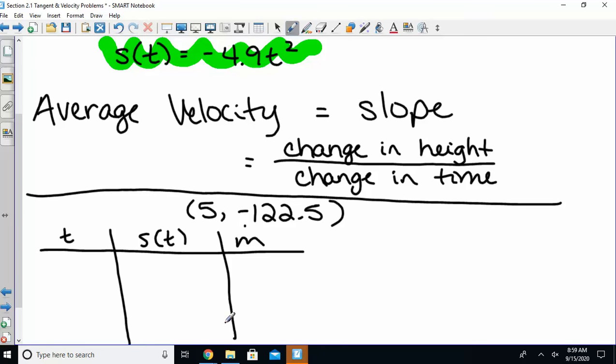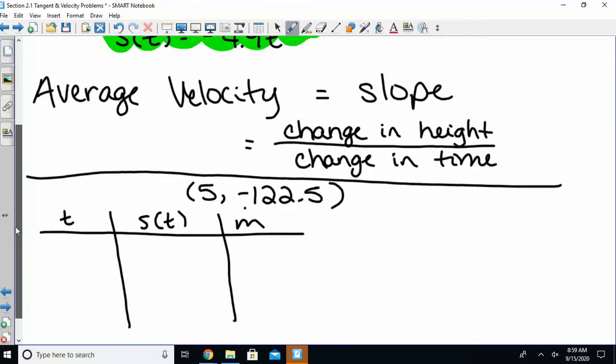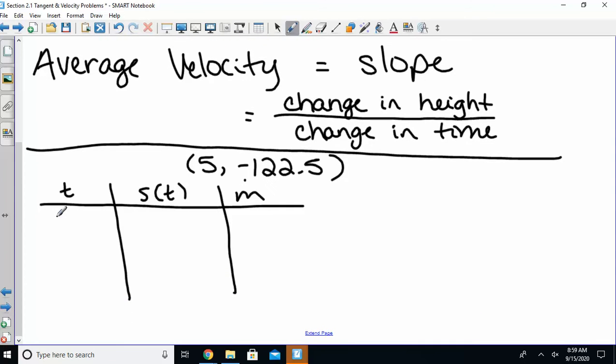All right, we need times getting close to 5. So I asked you to do 3 above and 3 below in your homework. So things smaller than 5 but getting close to it, what would that be? 4.9, 4.99, 4.999.